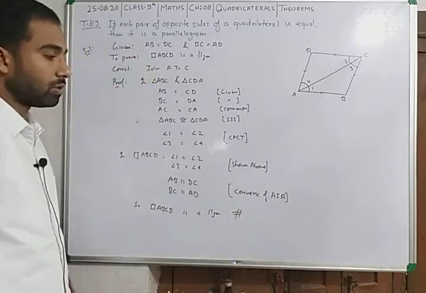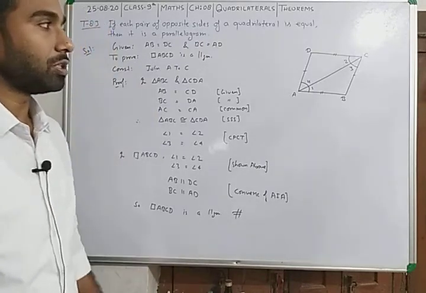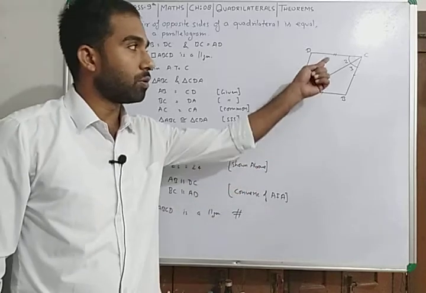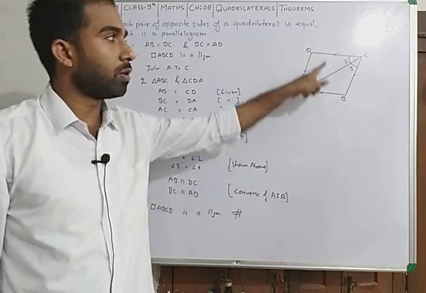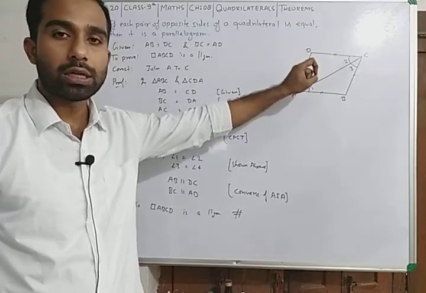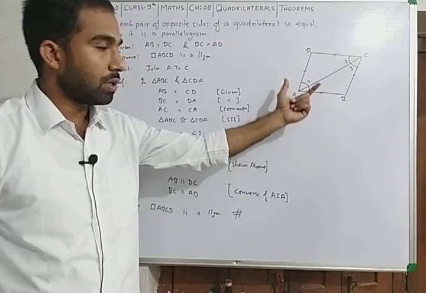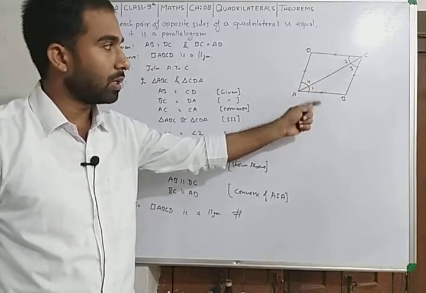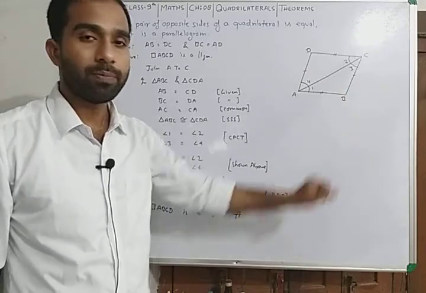I hope you understood. What conditions are required for any quadrilateral to be a parallelogram? Opposite sides should be parallel, only one pair of opposite sides. If in any quadrilateral only one pair of opposite sides are equal as well as parallel, we may consider that quadrilateral a parallelogram.